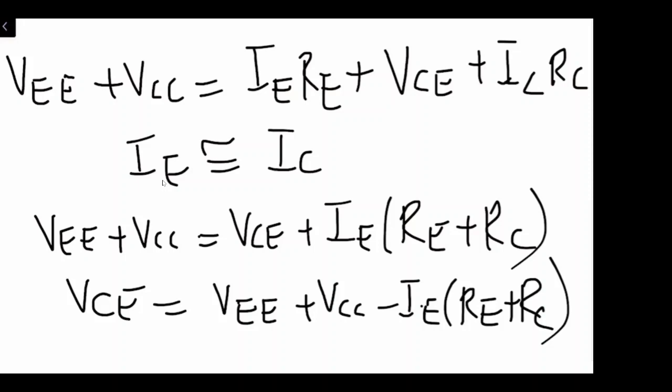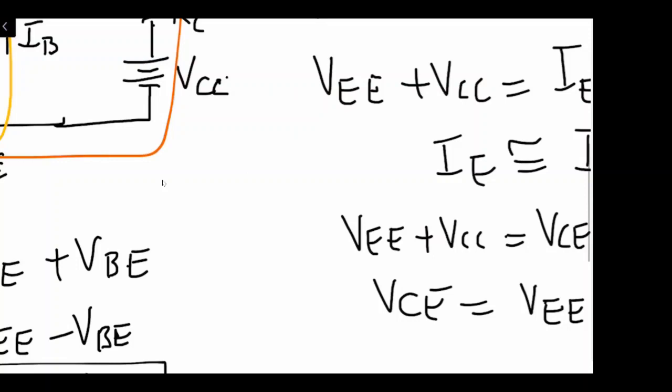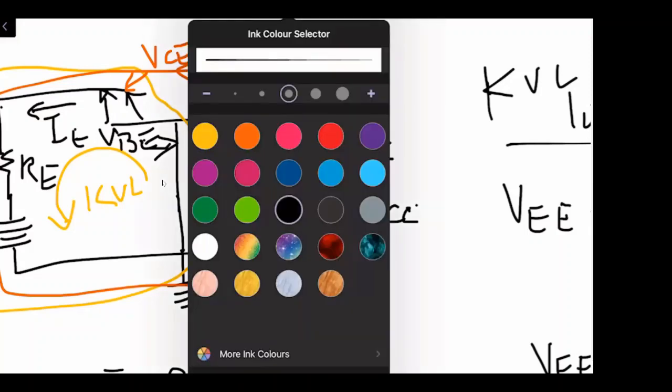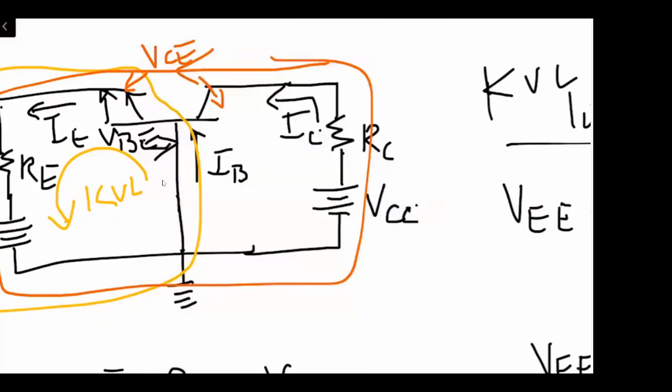Now, if I apply the KVL to the outer loop, the outer loop over here can be identified as, let's suppose, this one is now the outer loop, right? Can you see it, which I have marked?